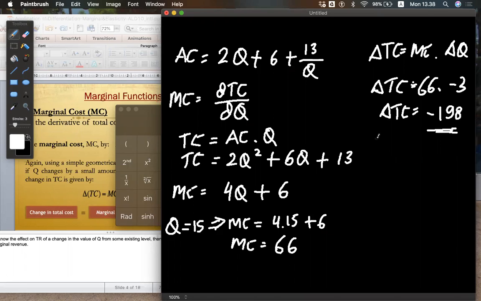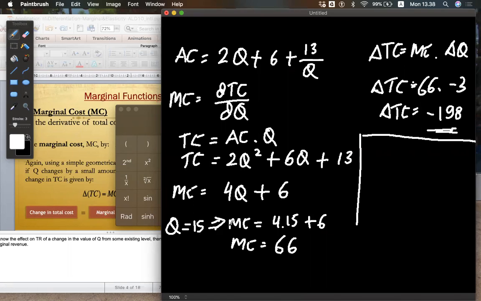If we want to find the exact number, we substitute into the formula.